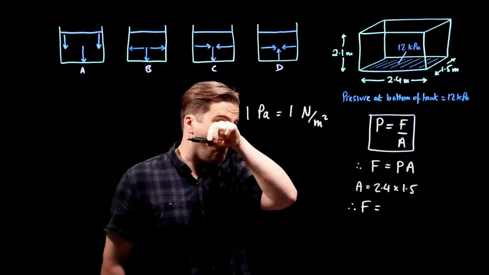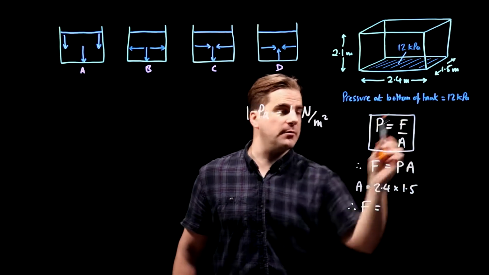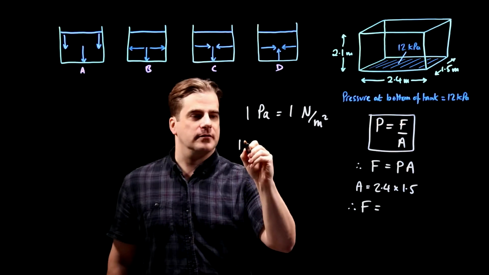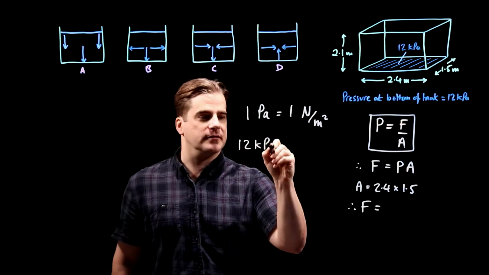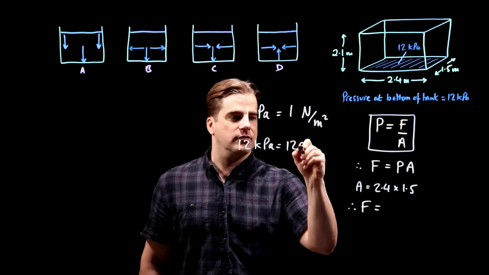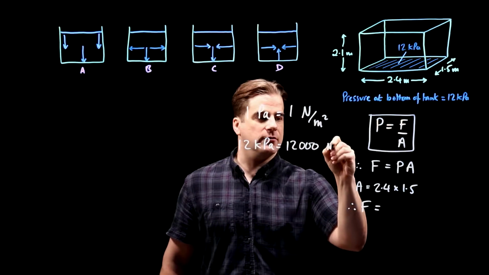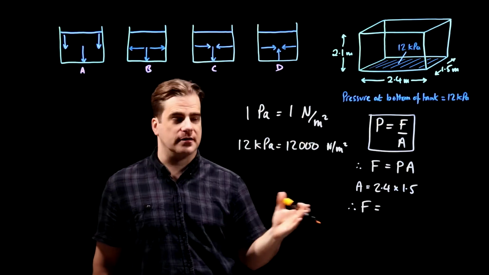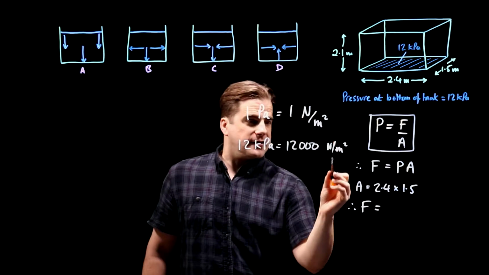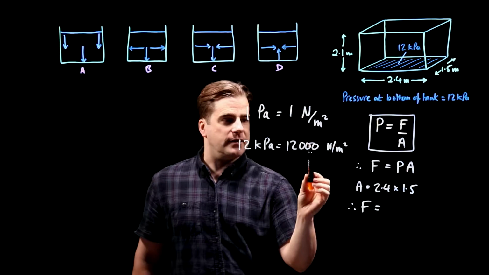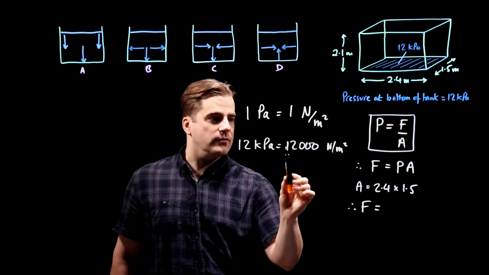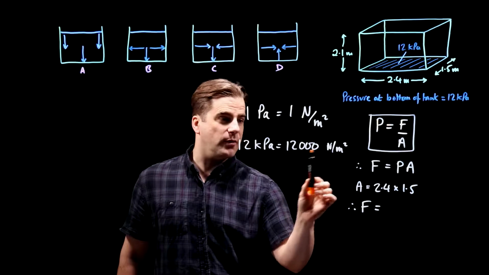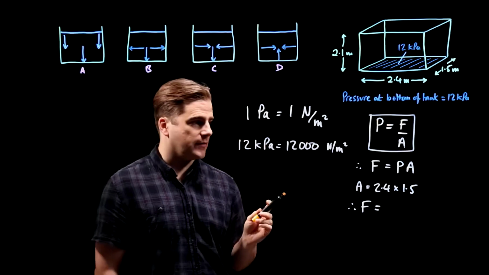So 12 kilopascals is 12,000 newtons per meter squared, or 12,000 pascals. So we need to remember to use 12,000 and not 12, okay?